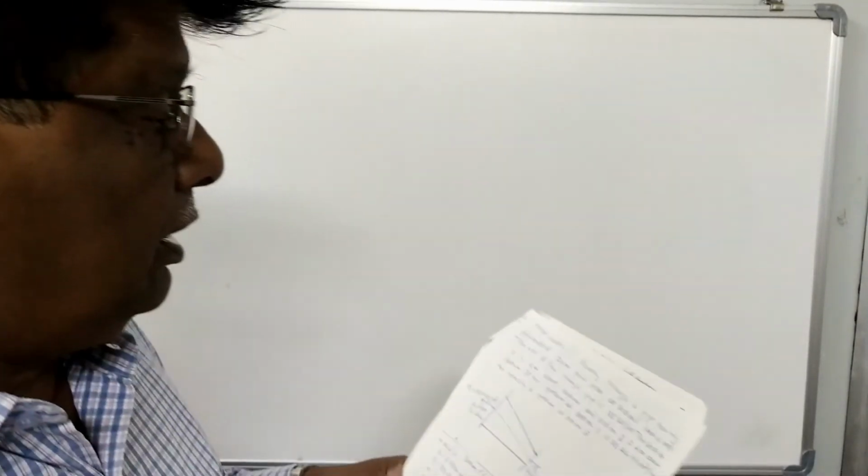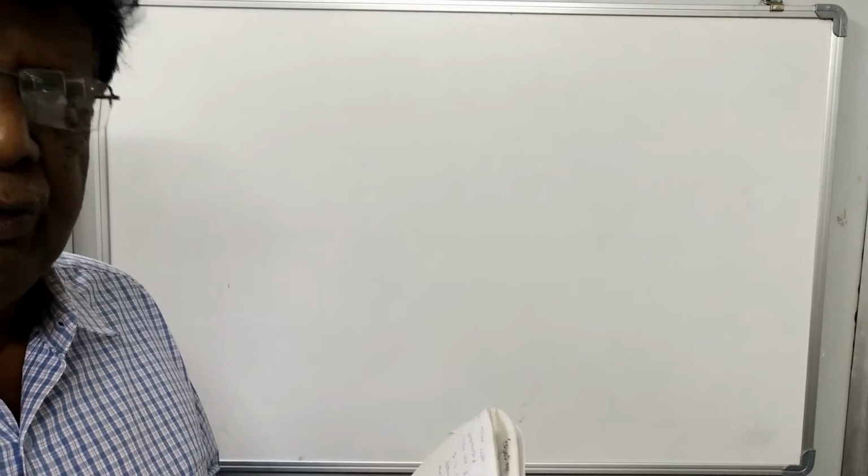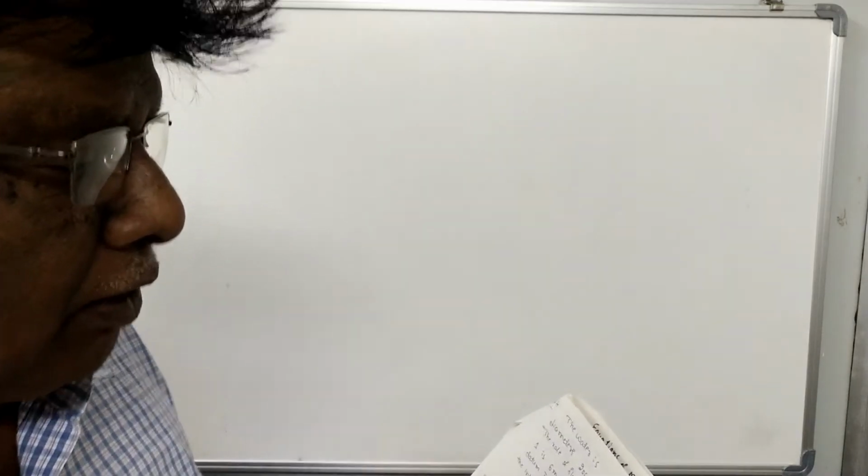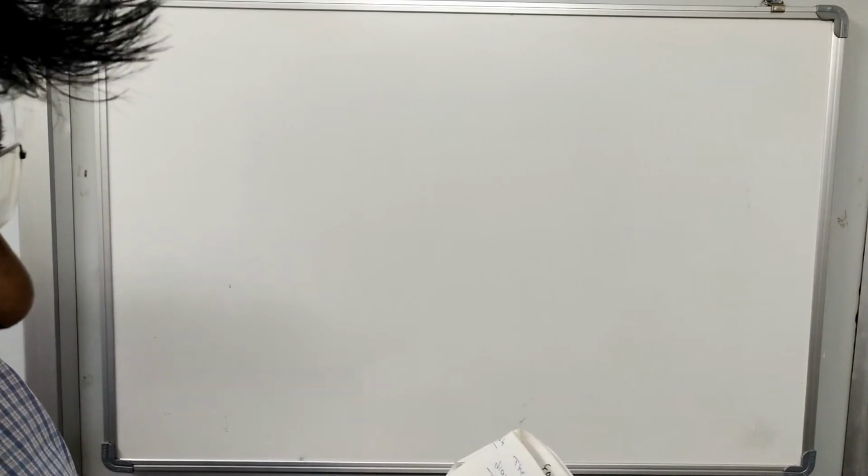I will read the problem. The water is flowing through a pipe. The description is given in the notes, so please refer to the notes. The water is flowing through a pipe having diameter 20 centimeter and 10 centimeter at section 1 and 2 respectively.